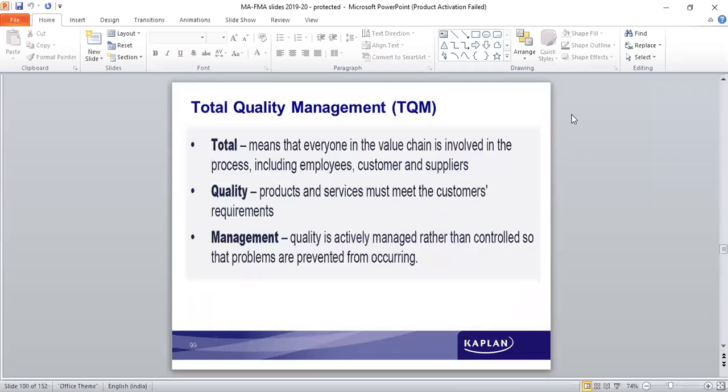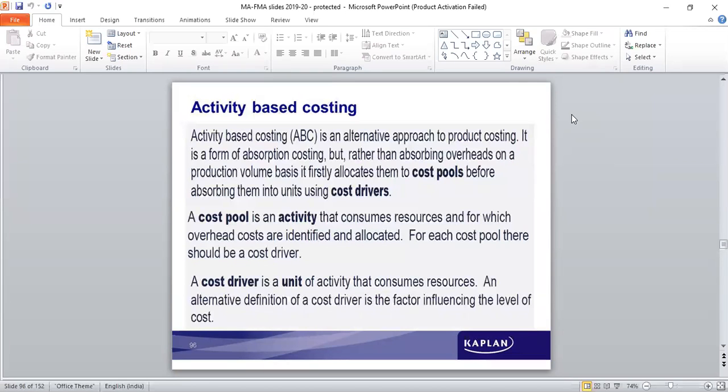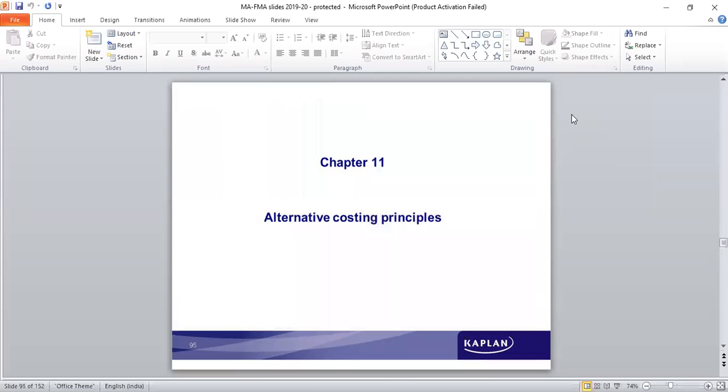Okay, in your syllabus these things are there. The same set of topics will repeat in PM, and in APM also. So here we only learn the theoretical aspects of these different techniques, which we call advanced costing techniques, alternative costing principles, modern costing techniques which are available.